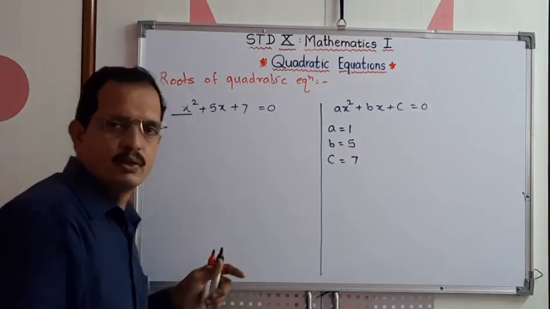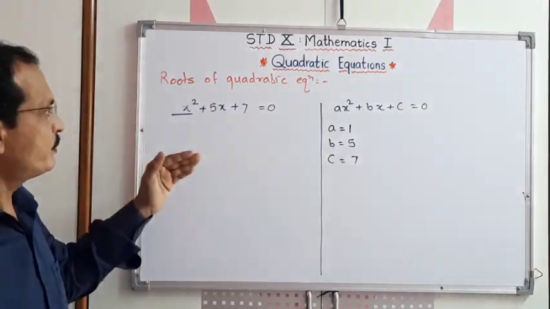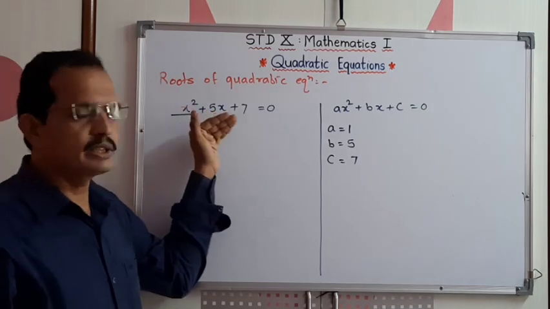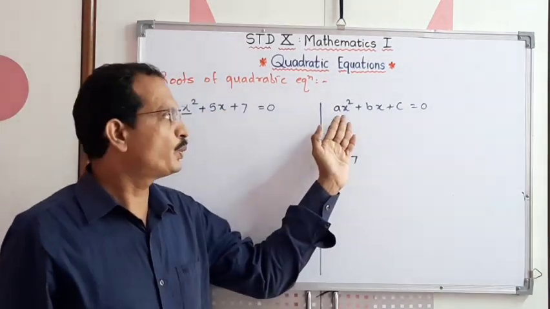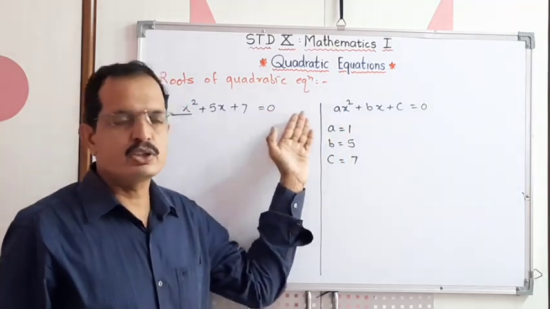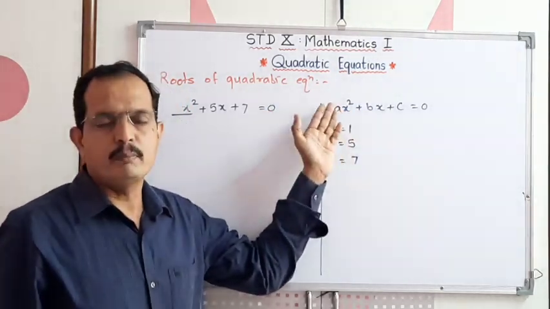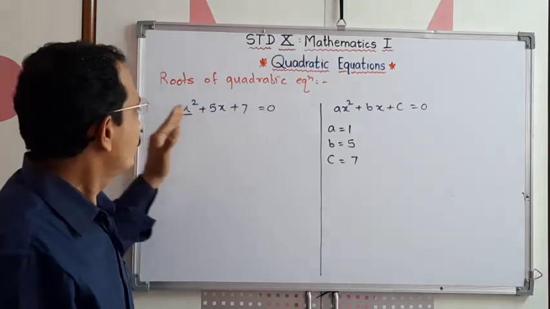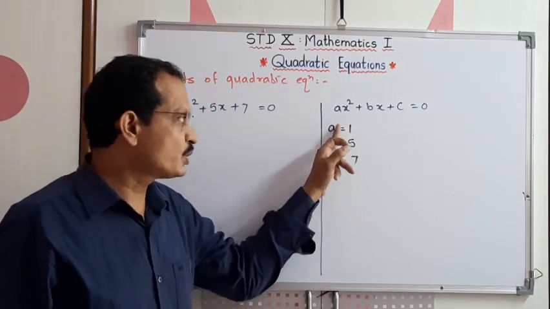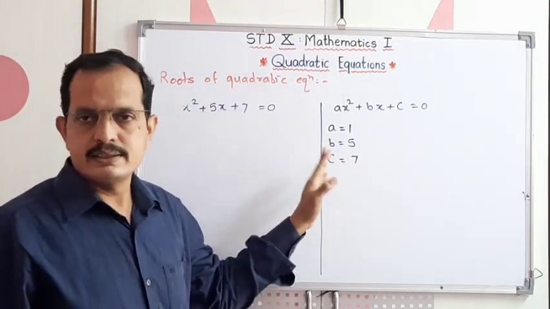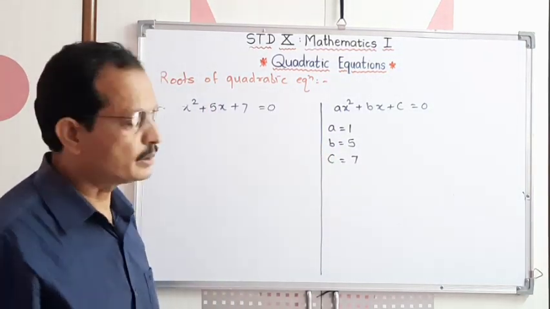Got it? Therefore, if the equation is given and we have to find the values of a, b and c, then we have to compare the given equation with the standard form, and by comparing we can find the values of a, b and c. These are the coefficients of the terms.